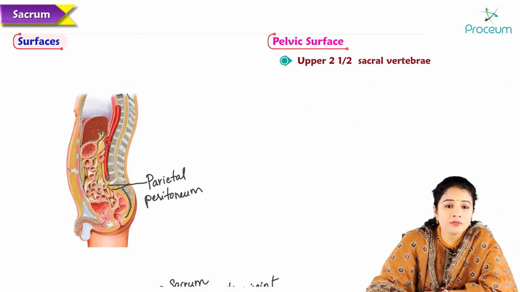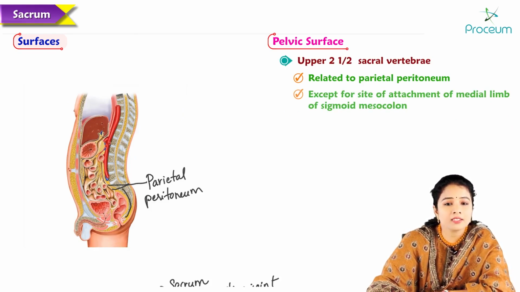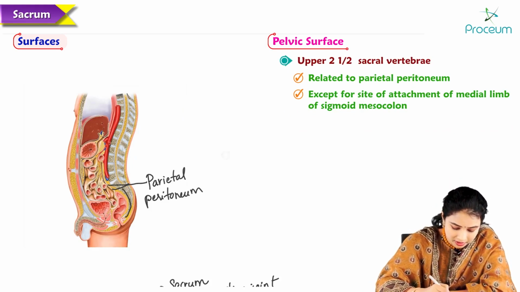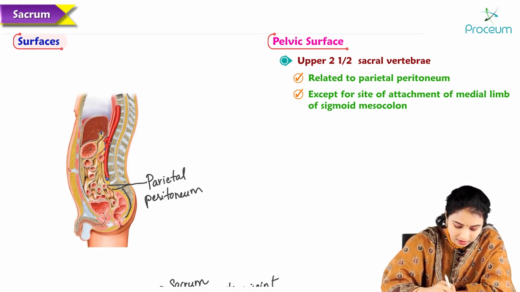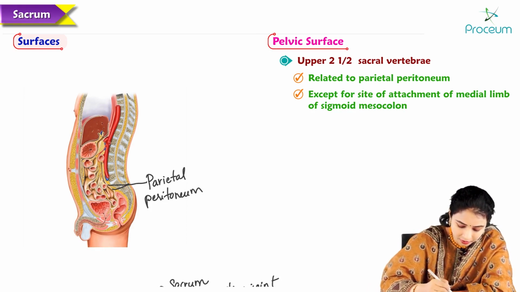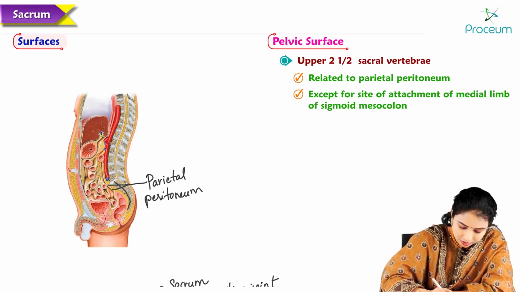The upper 2.5 sacral vertebrae are related to the parietal peritoneum, except for the site of attachment of the medial limb of the sigmoid mesocolon. So in this image we can see the reflection of parietal peritoneum related to the sacrum.